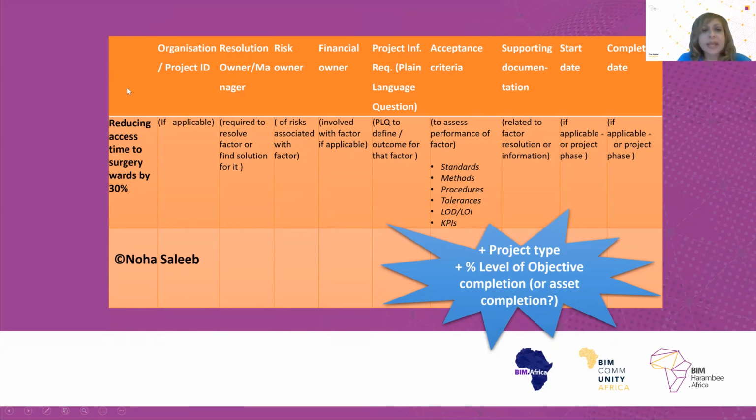So basically what I've advised doing is writing each and every objective here, as you can see in the rows. Okay, so each and every objective in the categories I mentioned, like reducing access time to surgery ward by 30%. So you write that in that particular row. Now, for each of these objectives, there are particular pieces of information, hence organizational information requirements.